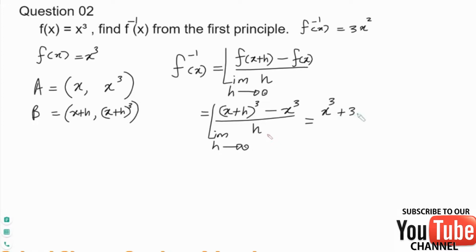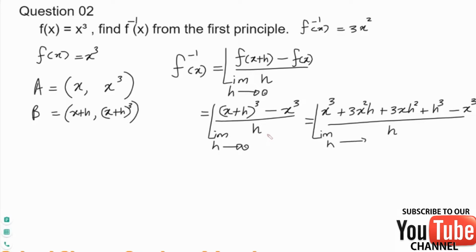And you will end up with 3x squared h plus 3x h squared plus h cube, right? Minus x cube over h, and the limit h goes to 0, right?